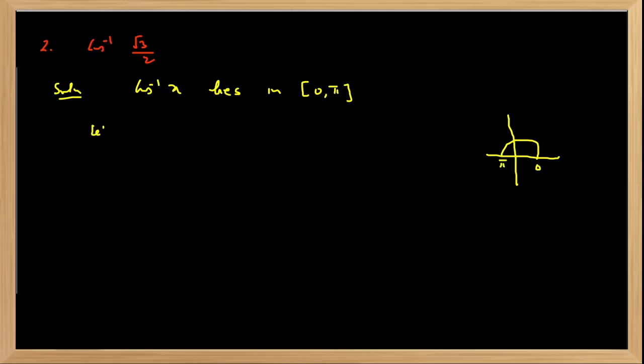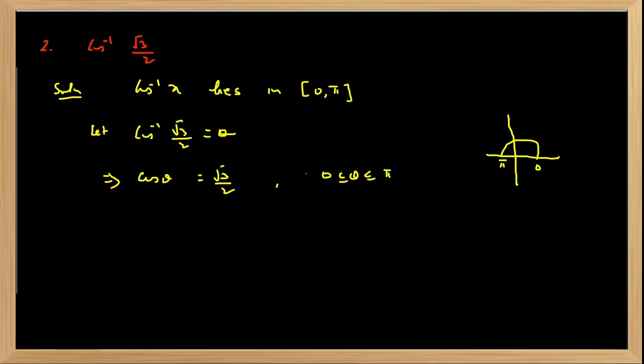So let cos inverse root 3 by 2 be theta. So this implies cos theta is root 3 by 2, where theta is between 0 and pi, including 0 and pi.